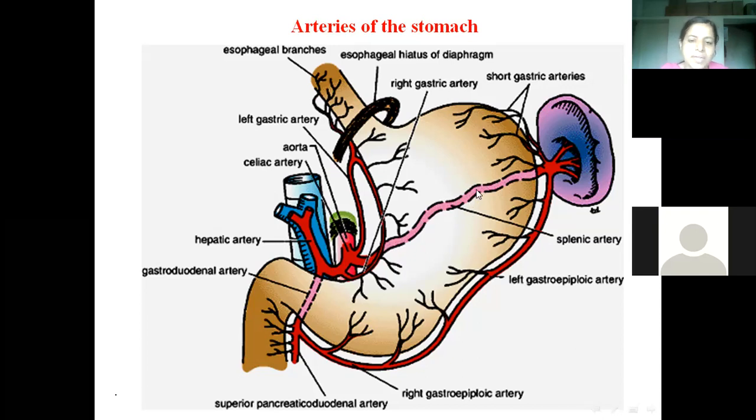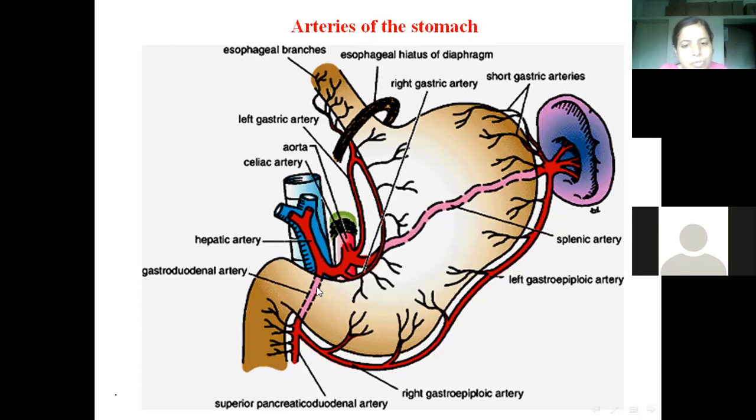One of them is the left gastroepiploic artery, which forms an anastomotic network along the greater curvature of the stomach and anastomoses with the right gastroepiploic artery. The right gastroepiploic artery is a branch of the gastroduodenal artery. The gastroduodenal artery in turn is a branch of the hepatic artery.